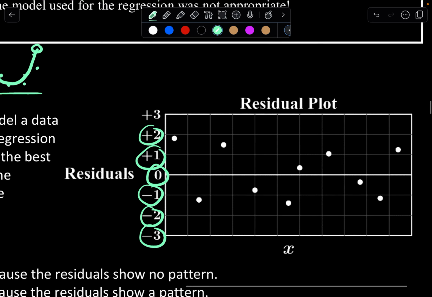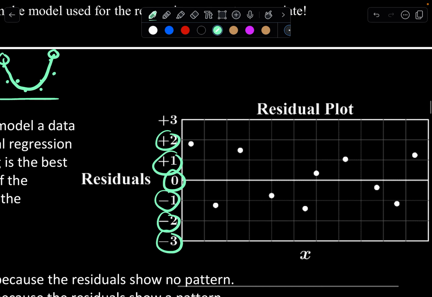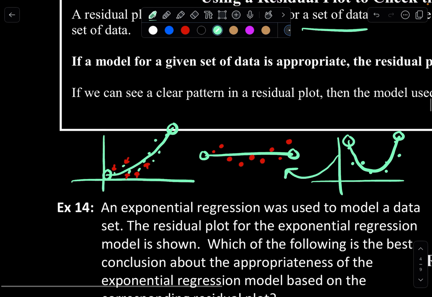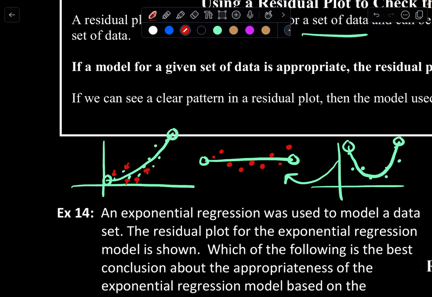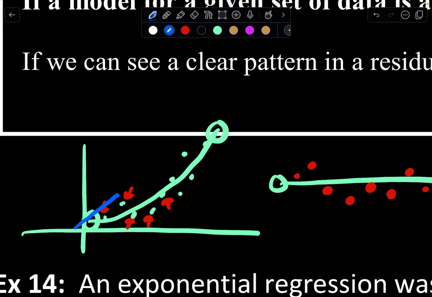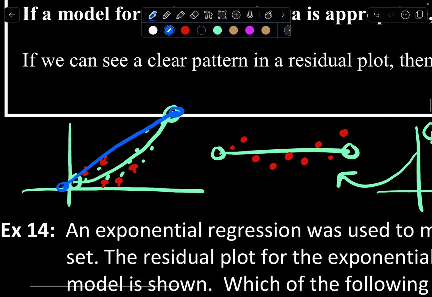So we want our residual plots to not have a pattern. If we were to use a linear prediction model for this one, and then we took the ends and flattened it out, we would see that our data would have a dip below it, which would be these points here.